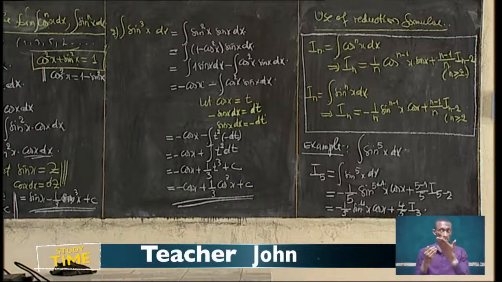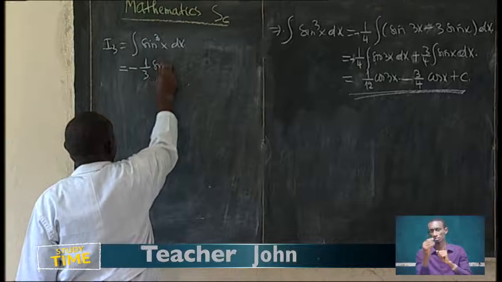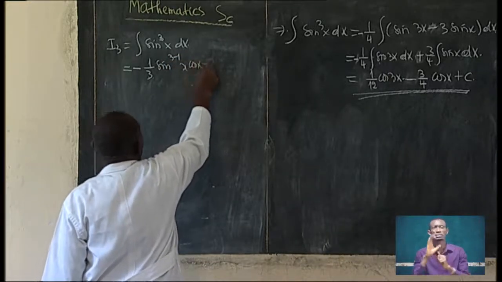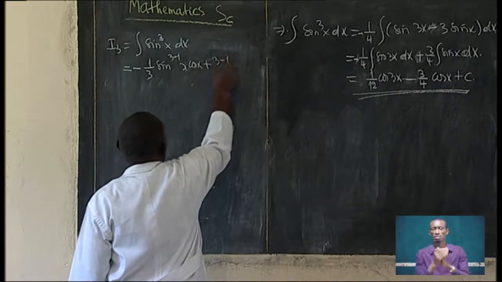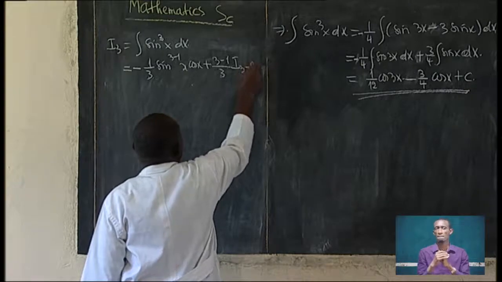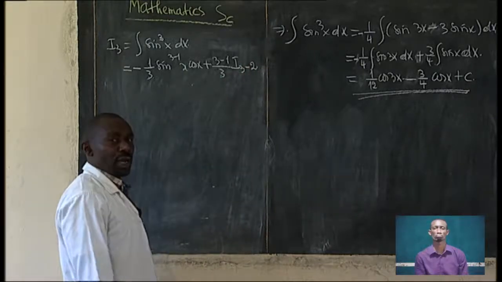Still using our formula, it will be minus 1 divided by 3, sine^(3-1) x times cosine x, plus (3-1) divided by 3, I_(3-2). Are we together?